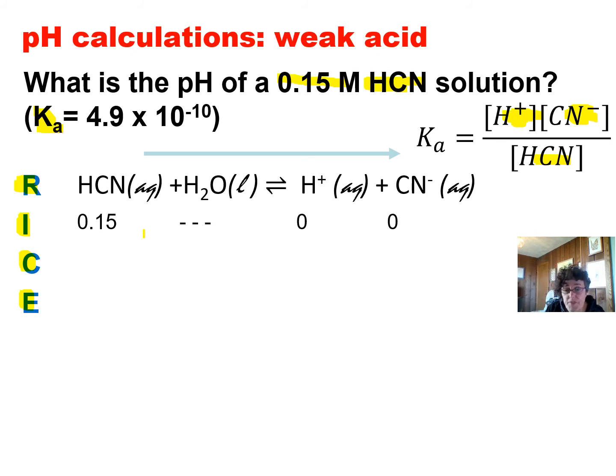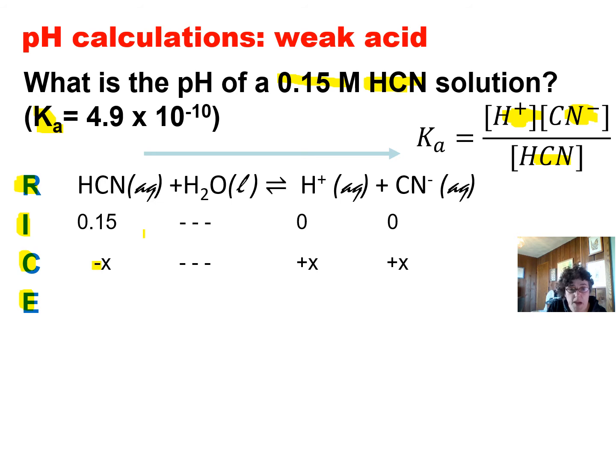So now that we've figured out the direction in which the reaction is moving, we can figure out how much the concentrations are changing. We don't know the number, so let's call it X. The concentration of the HCN is going to decrease a little bit because some is going to dissociate, so it's going down by an amount of X. The minus sign is because it's going down.